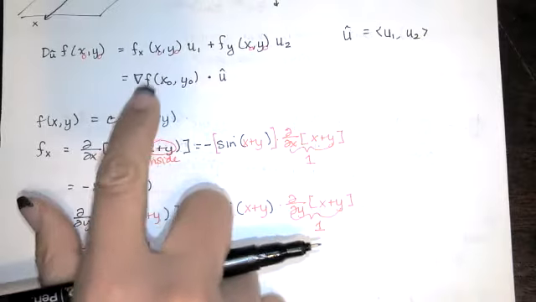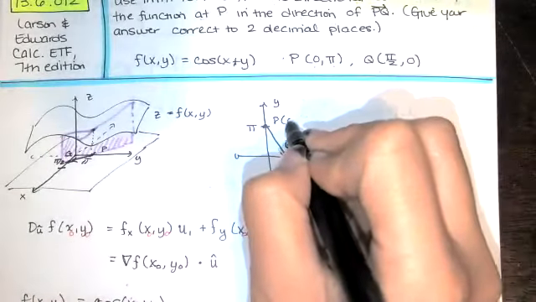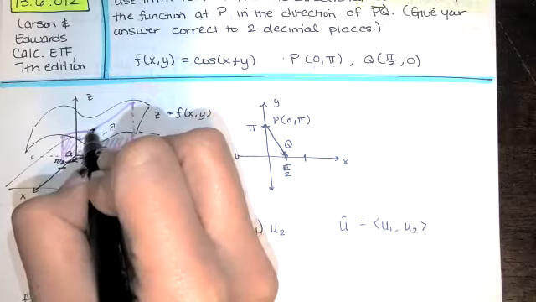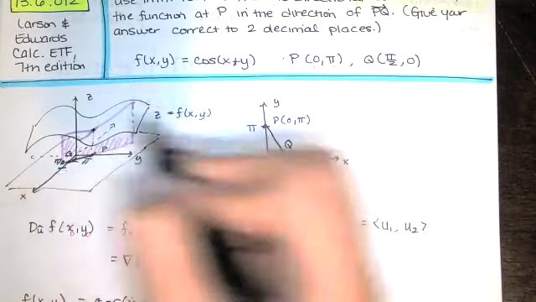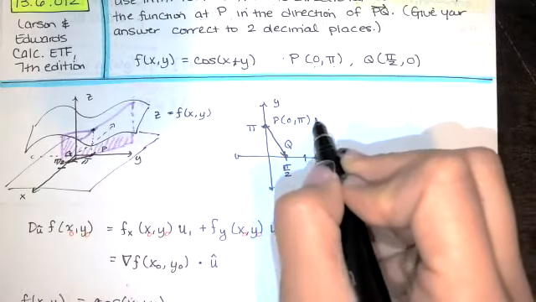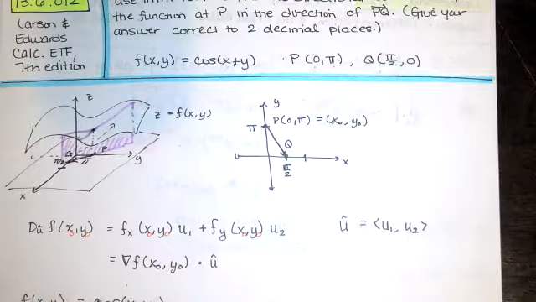Now we want our gradient evaluated at x naught, y naught, where x naught, y naught is the coordinates of this point P, because we want to know what the slope of the surface is in that direction from the point P. So our x naught is equal to 0 and our y naught is equal to pi.